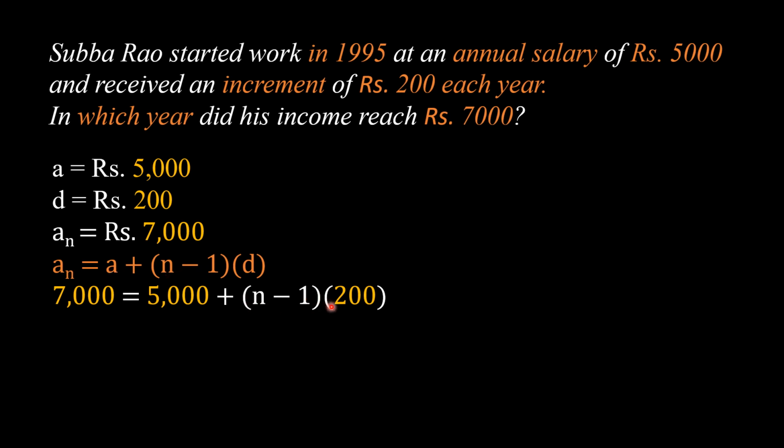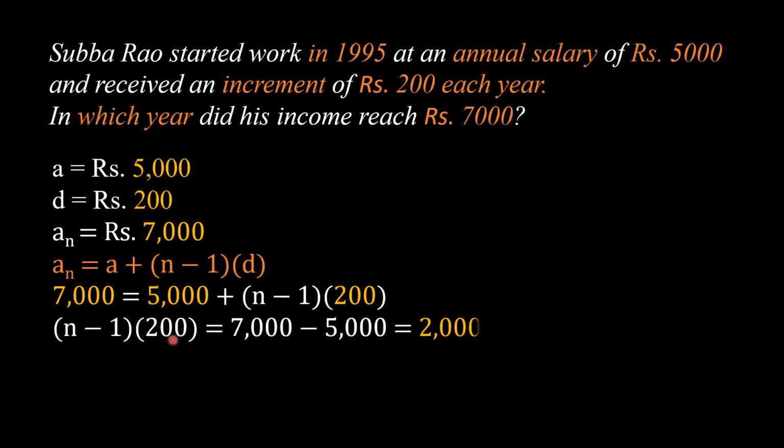and 200 for d. We will take this 5000 to the left hand side and write n minus 1 into 200 equals 7000, which is this one, minus 5000. When this 5000 goes to the other side, it will become minus. Now 7000 minus 5000 becomes 2000.